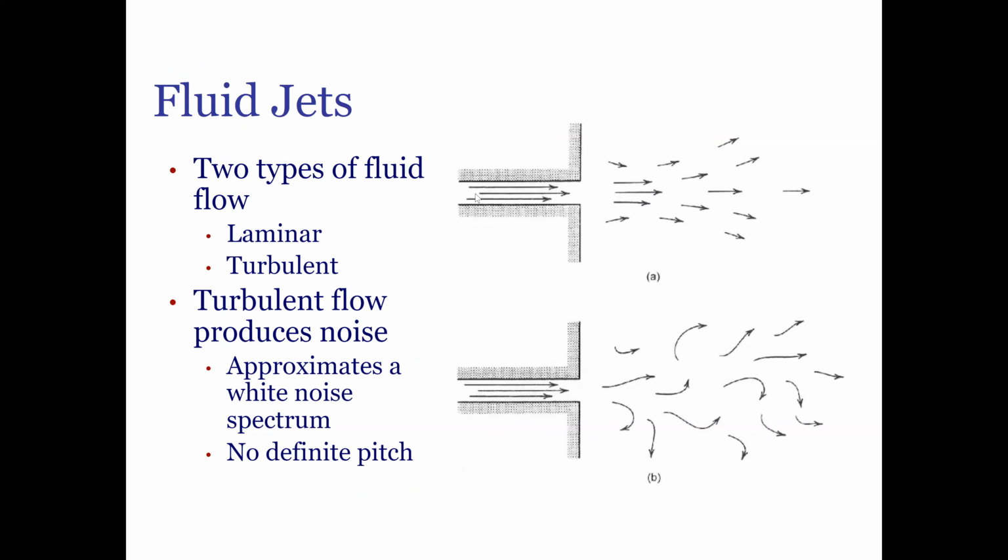Now, if we have a nice, well-defined jet of fluid that stays together, we have what's called a laminar flow. And laminar flows are great if you're dealing with things like plumbing, or just moving fluids effectively in general, because you're able to define what's going on fairly easily.